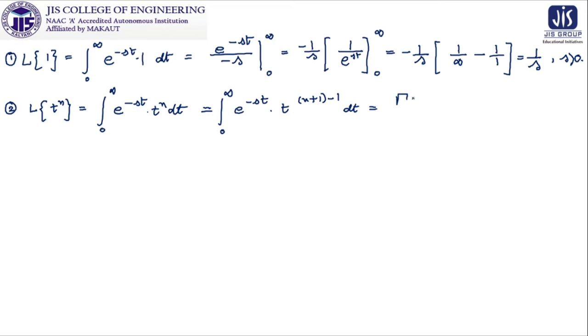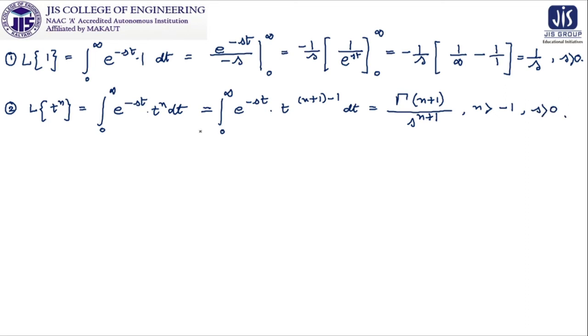So we can write it as gamma(n plus 1) by s to the power (n plus 1), where n is greater than minus 1 and s is greater than 0.